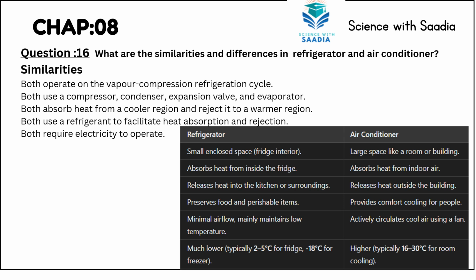The refrigerator preserves food and perishable items, while the air conditioner provides comfort and cooling for people. The refrigerator has minimal airflow, mainly maintaining low temperature, while the air conditioner actively circulates cool air using a fan. The refrigerator temperature is much lower, typically 2 to 5 degrees centigrade for the fridge and -18 for the freezer, while the air conditioner is higher, that is 16 to 30 degrees for room cooling.